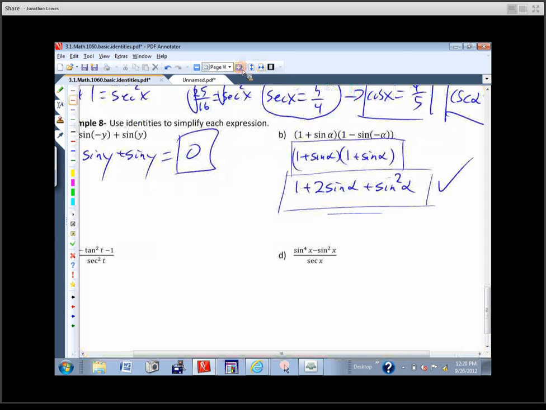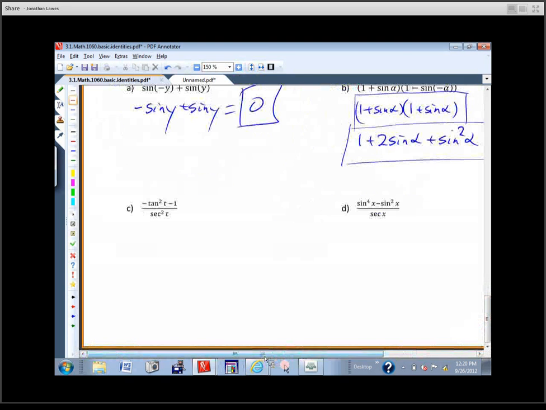Okay, 2 more real quick. Anybody recognize this? There's more than one way to do it, but I think the easiest way would be, let's take out a negative. I don't really like working with negatives, so let's take that out. This is tangent squared of t plus 1 over secant squared of t. Does this look familiar? Flip your page over.